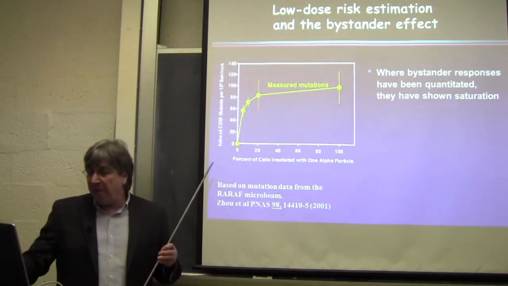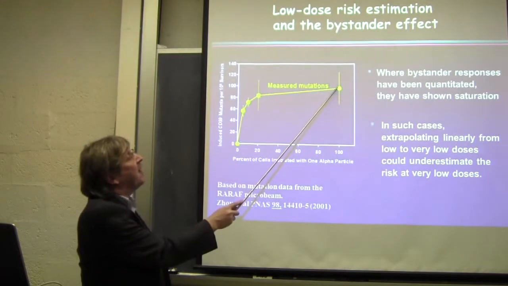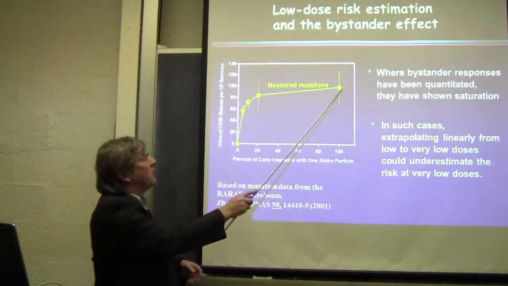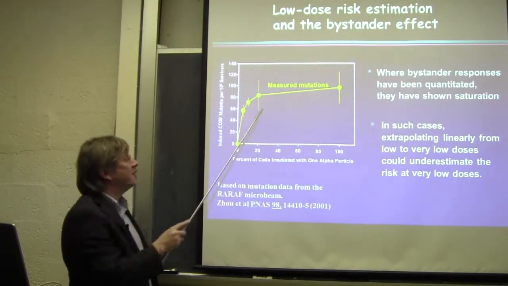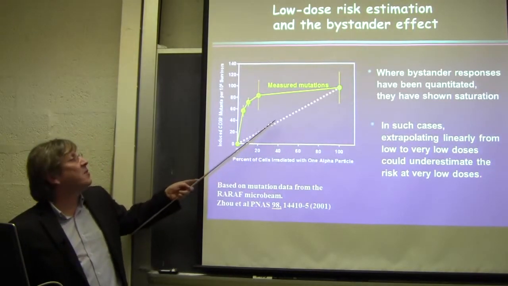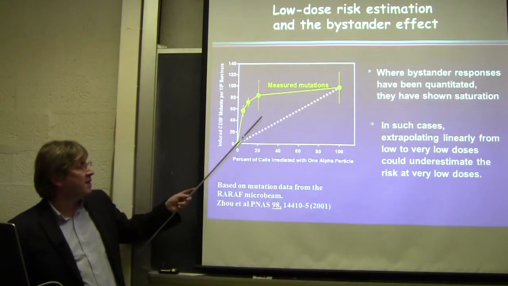But if you picture what you'd do if you'd only had this measurement and you wanted to extrapolate to lower doses, well, you'd surely do this. You'd surely extrapolate a linear response to lower doses. If you did that, you would actually underestimate the risk at these very low doses.